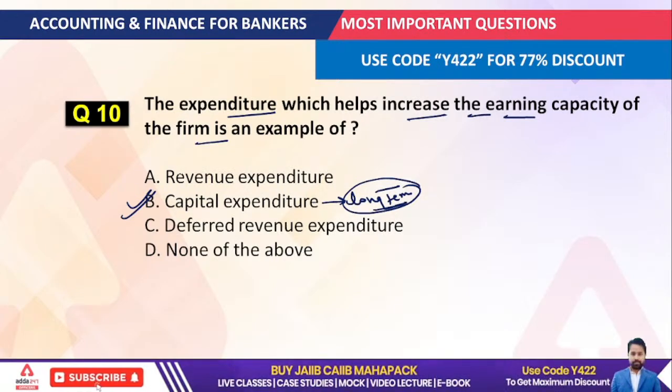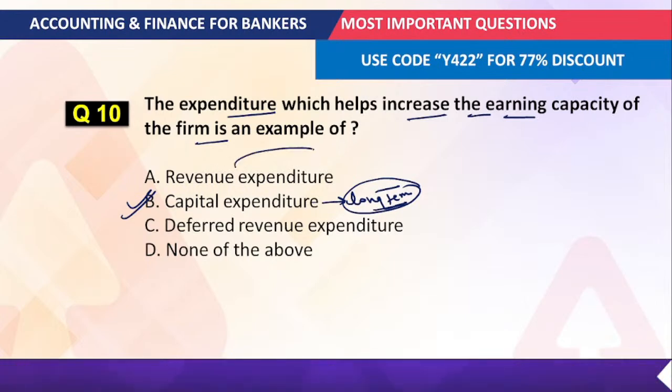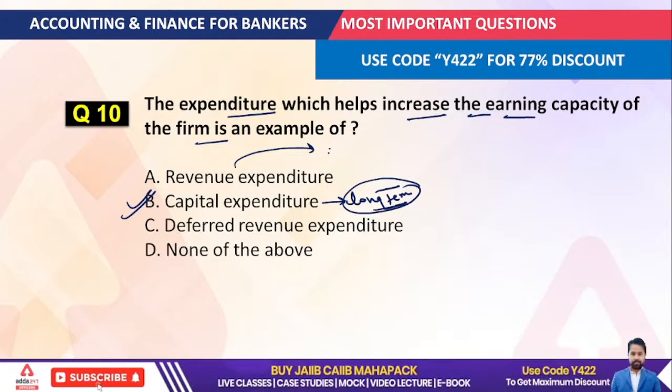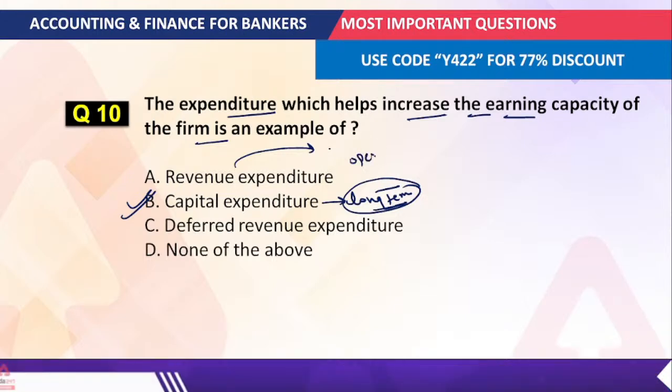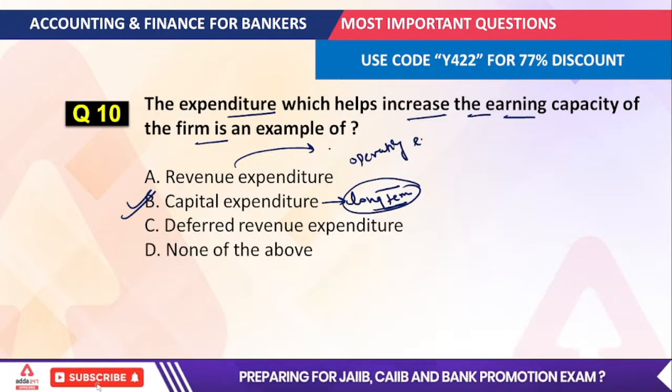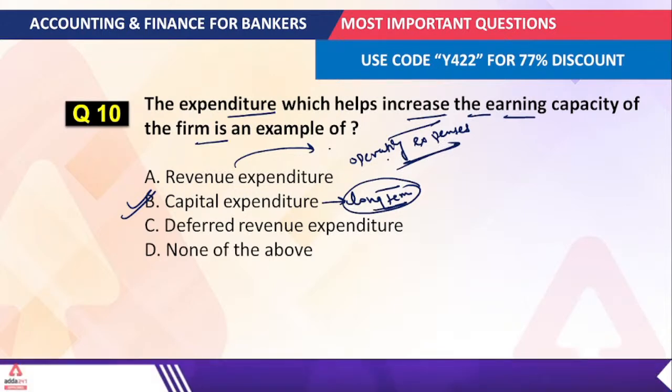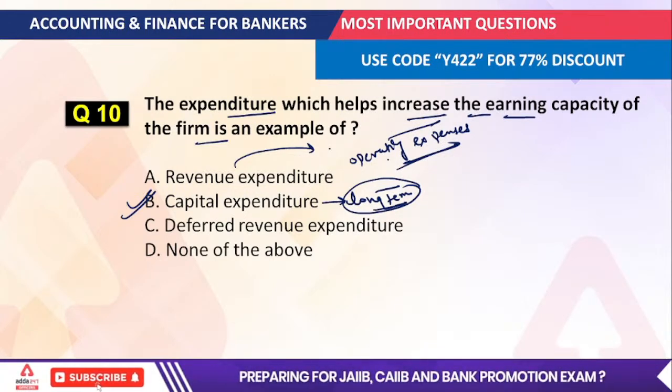And when we talk about revenue expenditure, it is used for day-to-day maintenance, or you can also understand it as operating expenses. So revenue expenditure equals operating expenses, meaning the regular, routine, day-to-day business operations.